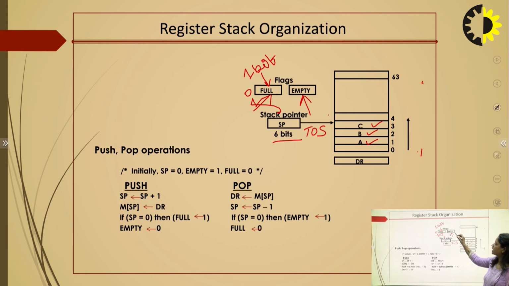Similarly in the case of empty, if the value of empty is 0, it means your stack is not empty, it will have some values in it. And if the value of empty is 1, it means there is nothing in your stack and you cannot perform any deletion operation on it, because we do not have any data inside the stack. So what will you delete if you do not have any data inside your stack or inside your register?